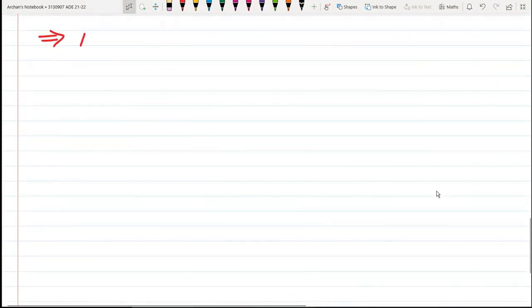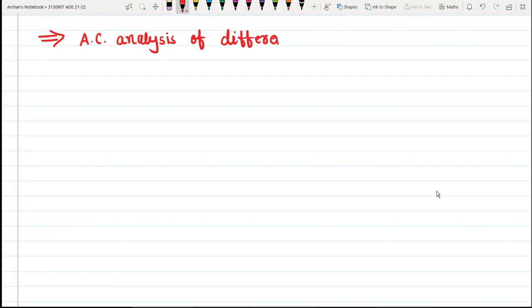AC analysis of differential amplifier. As I have told you, whenever we carry out the AC analysis, we try to calculate the different gains.